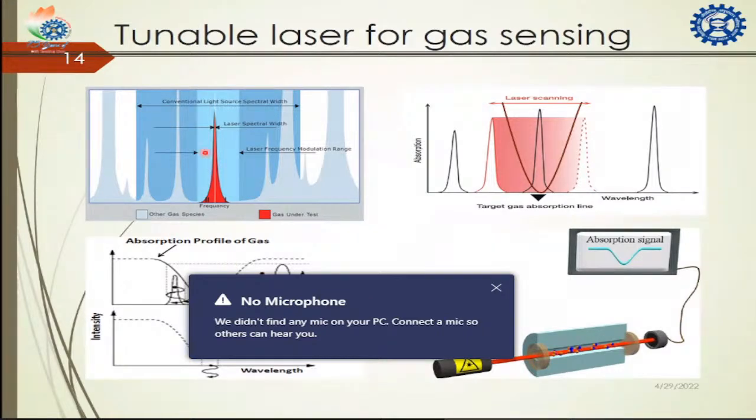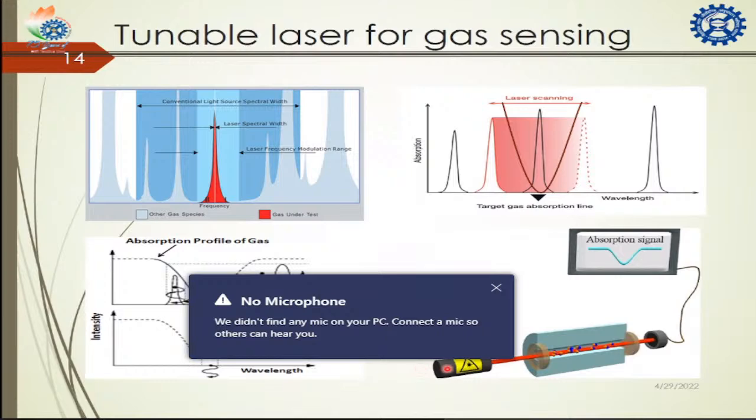As we see from this picture, the spectral width of conventional light sources is very broad, but when we compare it with the laser spectrum, it is very, very narrow. Just imagine how we can target these absorption lines. In this image, this is a laser, and this is a chamber where the gases are brought in.